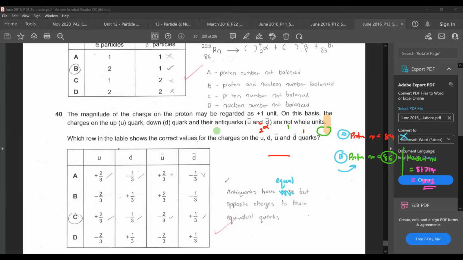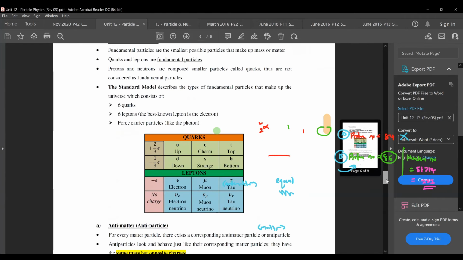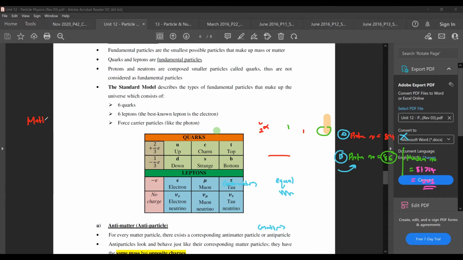Because antiquark is antimatter, quarks are matter. So one of the first things you would have learned just now by looking at the table, I mentioned you need to memorize the table, right? Up quark is plus 2 over 3e, down quark is negative 1 over 3e. If we are talking about matter, up quark is plus 2 over 3e, down quark is negative 1 over 3e.